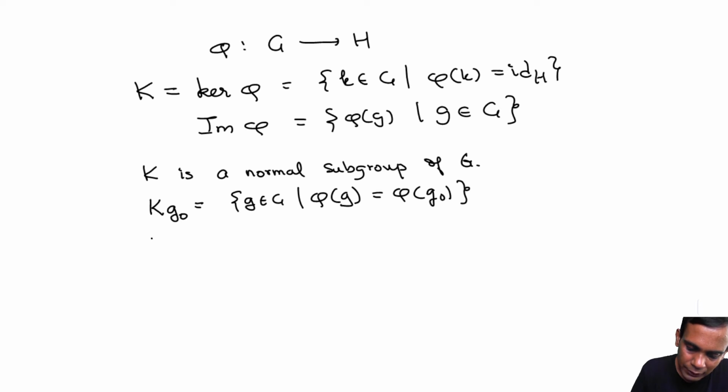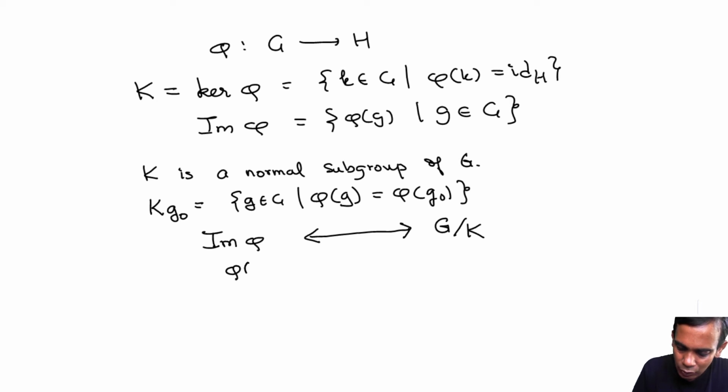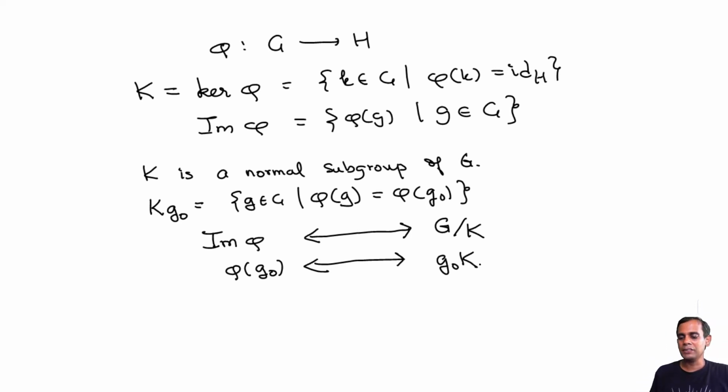So what we have is a bijection from the image of phi to G mod K. If you take an element in the image of phi, it's always of the form phi of g0. This corresponds to the coset g0 K. I'll let you check that this is a bijection between the image of phi and the set of cosets of K in G.